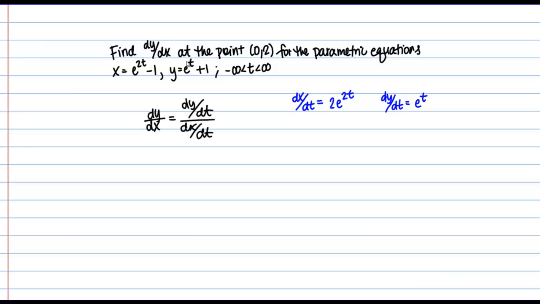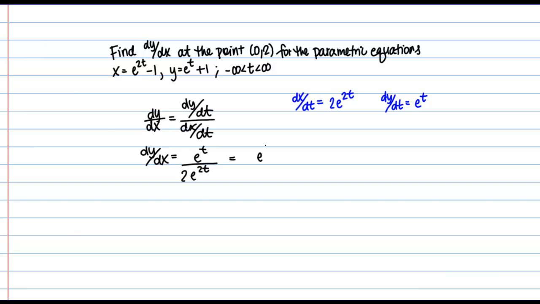All right, so then I can go ahead and fill in what dy/dx should be. So dy/dt, which was e^t, over dx/dt, which was 2e^(2t).